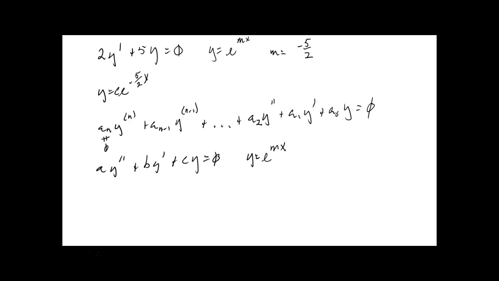So let's just assume y equal to e to the mx is your solution. Now, can someone suggest to me what the polynomial equation is going to be? We can work it out if you want to. I'll be glad to do that. But can anyone make a guess? Well, let's do it.